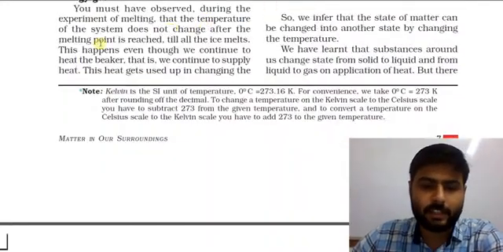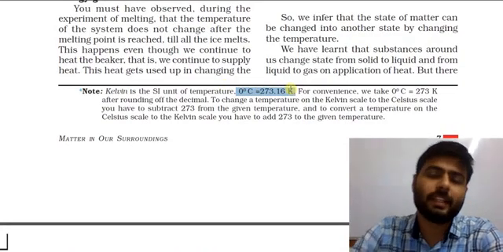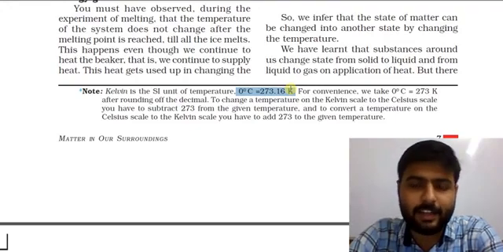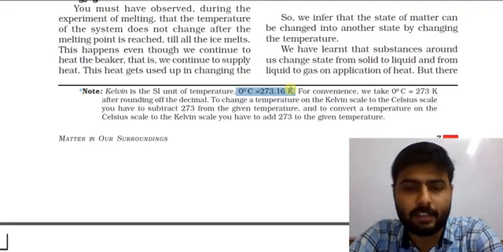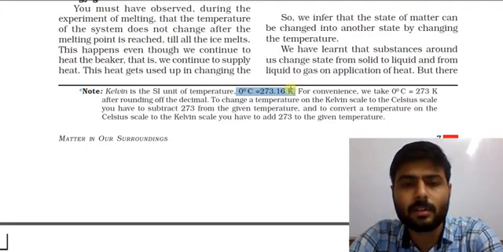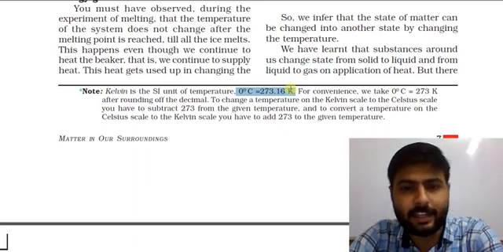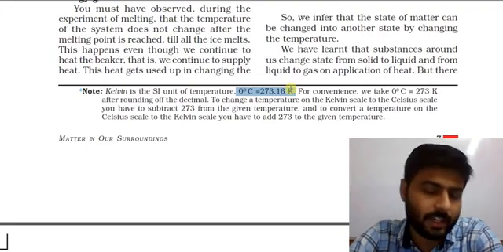Here we have noticed that 0 degree centigrade is equal to 273.16 Kelvin, and for sake of simplicity we take 0 degree centigrade is equal to 273 Kelvin. After that, we have seen conversion of degree centigrade to Kelvin and Kelvin to degree centigrade.